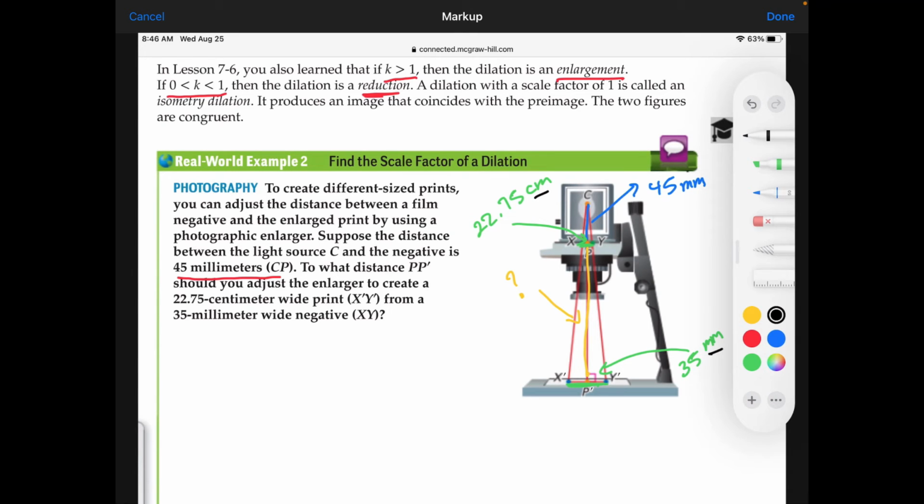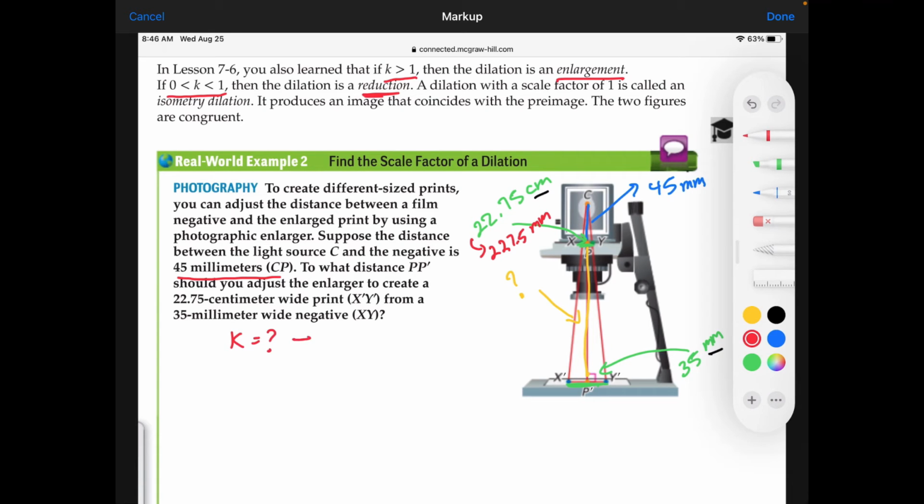So let's make them both millimeters. You can find this on a Google converter. We're going to change it to 227.5 millimeters so that we have the same units. Because if you're not using the same units, we're going to get the wrong answer.